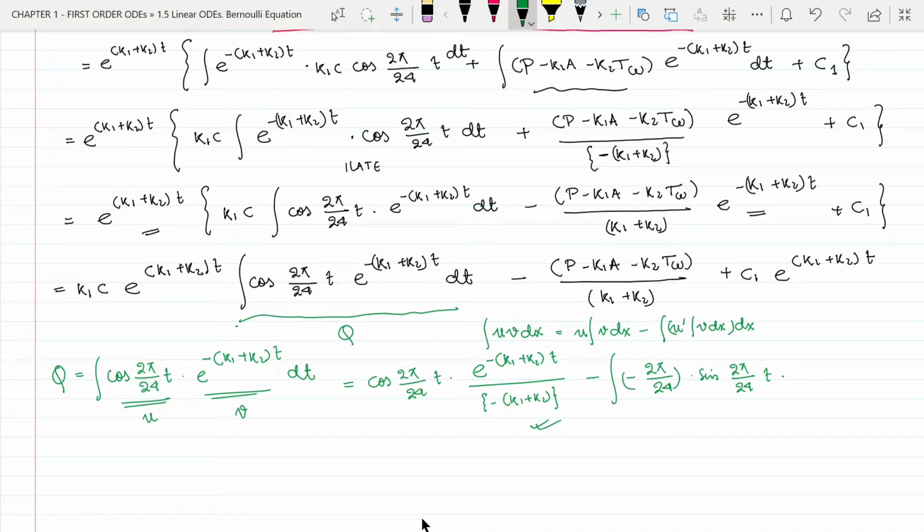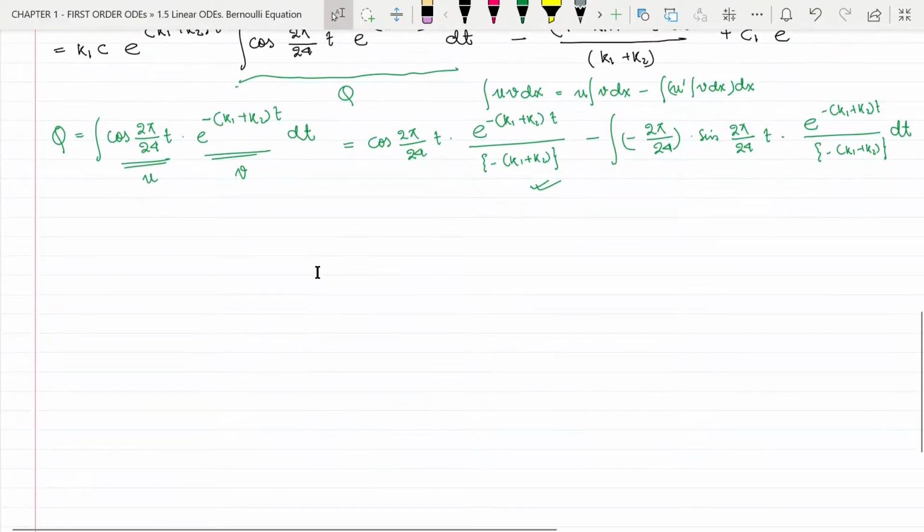So this is e to the power minus (k1 plus k2)t divided by minus (k1 plus k2) dt.